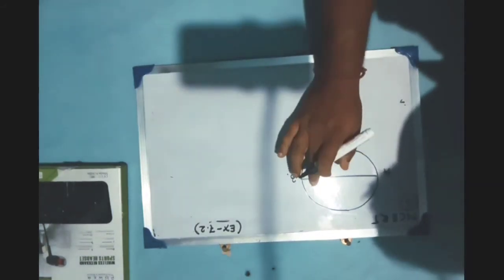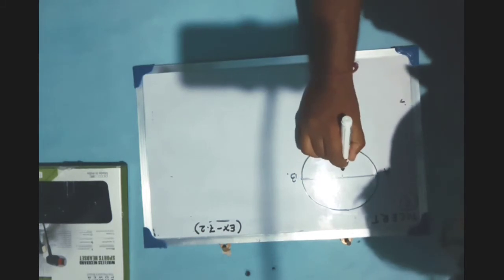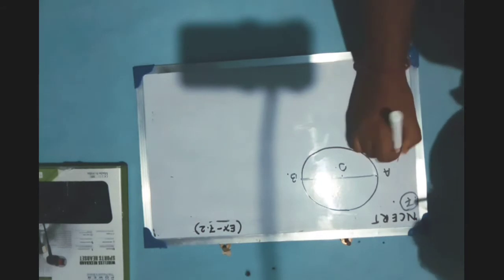AB is the diameter, and here I am taking O as the midpoint of AB. The coordinate of A is not given.